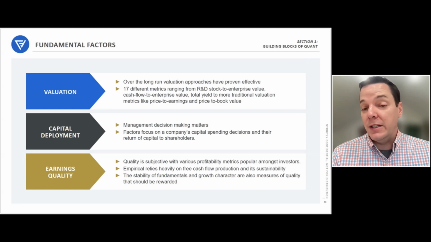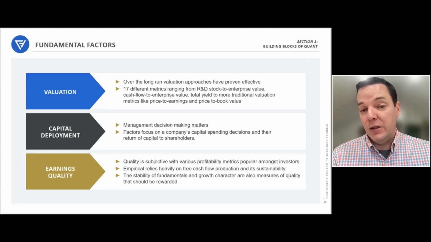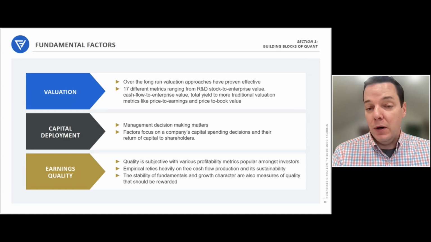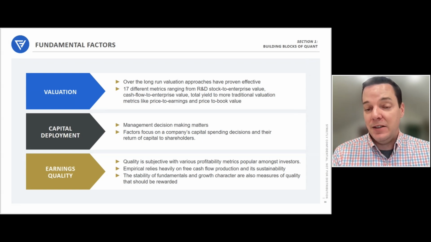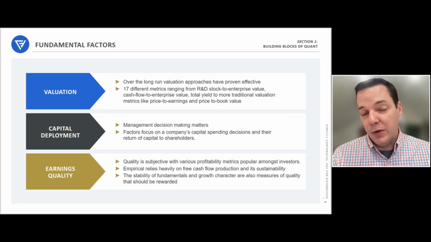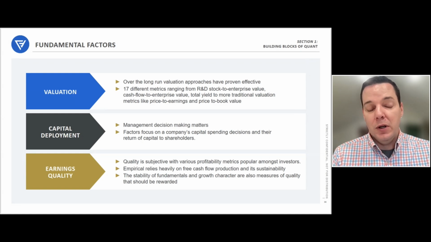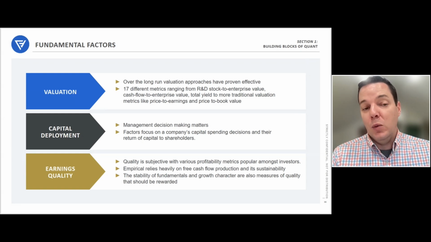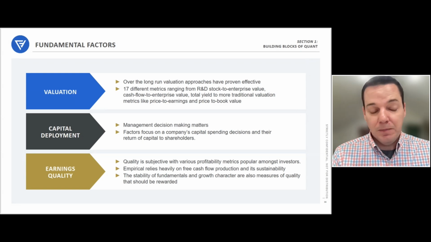We look at R&D stock to enterprise value, which is something we found to be particularly useful when it comes to growthier sectors where we're giving them credit for their R&D expenditures. We're treating it like an asset and ultimately looking at valuations based off of that. And then also cash flow metrics, which is a really critical part of what we do at Empirical when it comes to our valuation constructs.